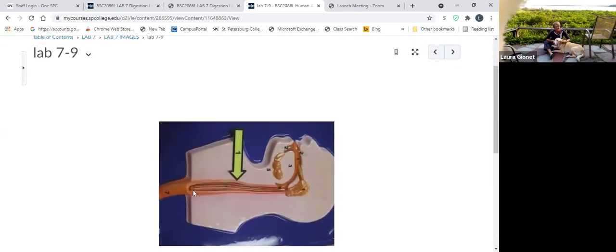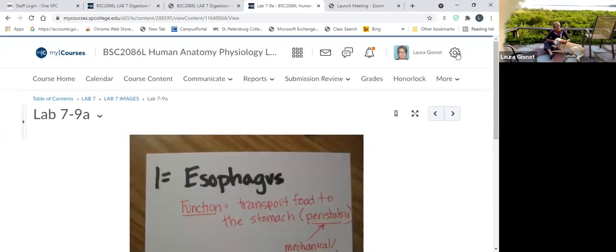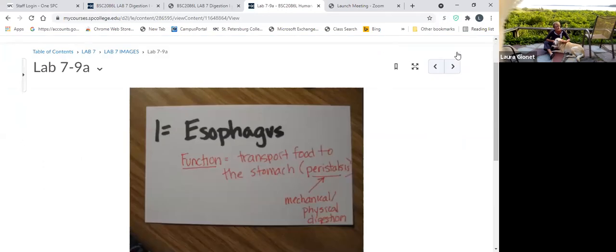One is pointing to the esophagus, transports food to the stomach. The mechanism of propelling food down the esophagus is called peristalsis.